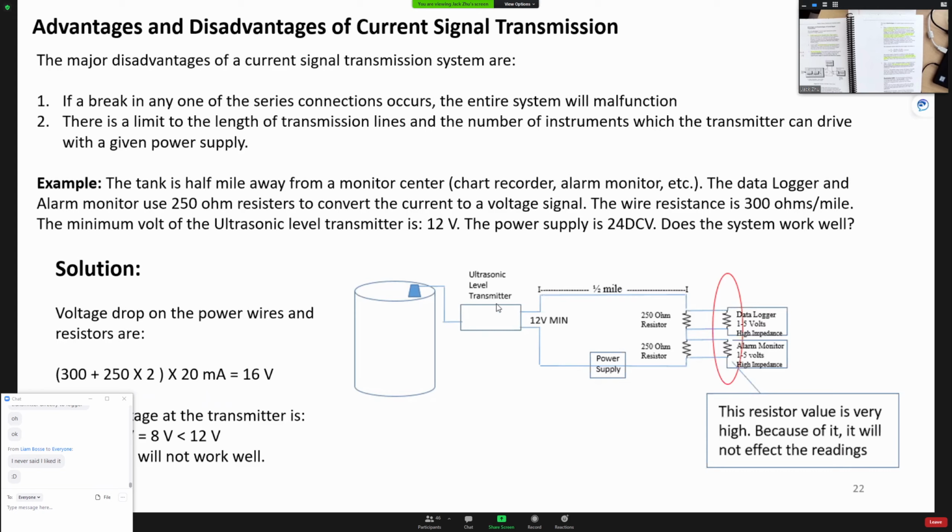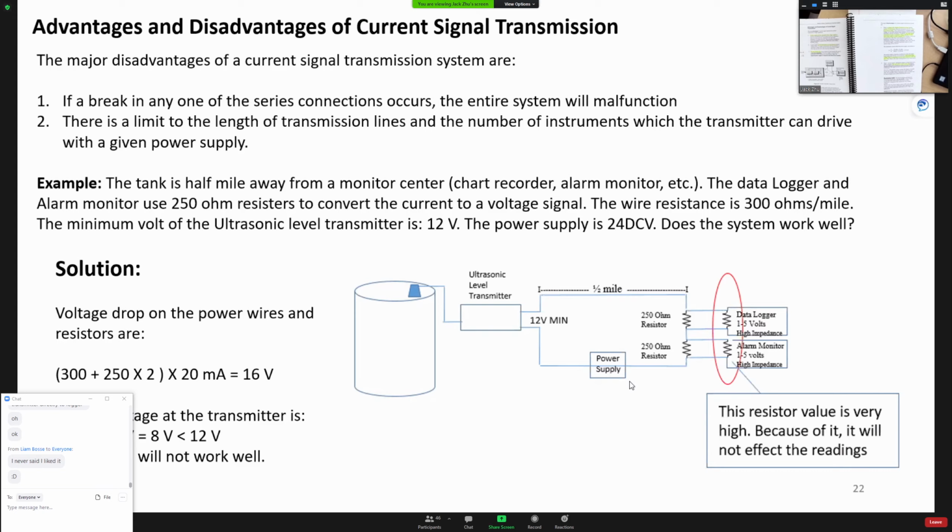So for this transmitter to give out the maximum current, because it's 4 to 20 milliamps, right? They're going to be used to indicate the liquid level inside the tank. If it wants to give out a 20 milliamp signal, just for the wire and the device equipment, we need 16 volts.